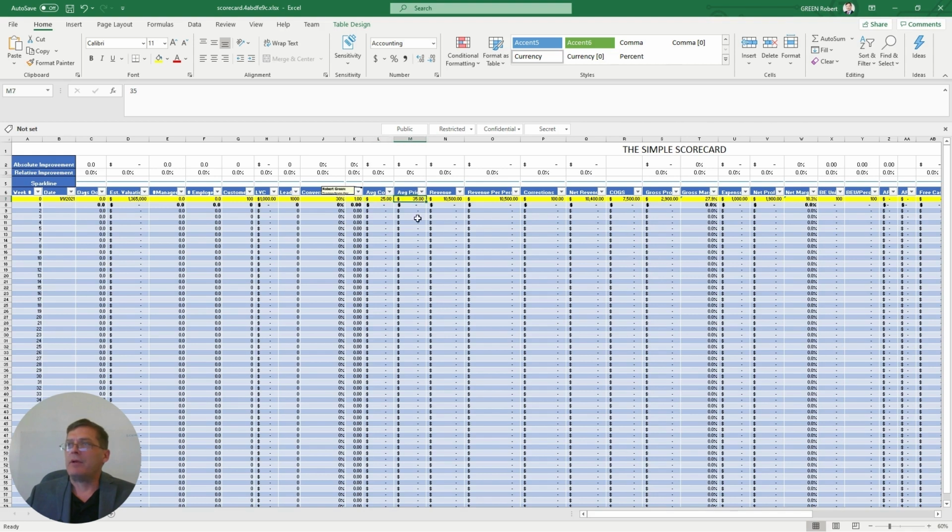The next column is your average price. Average price is an indication of how much you receive. The difference between the price and the cost is called your contribution margin. And that contribution margin is going to be used in other calculations throughout the spreadsheet, including your break-even analysis, your total cost of goods sold, and your gross revenue. Matter of fact, the next column is gross revenue.